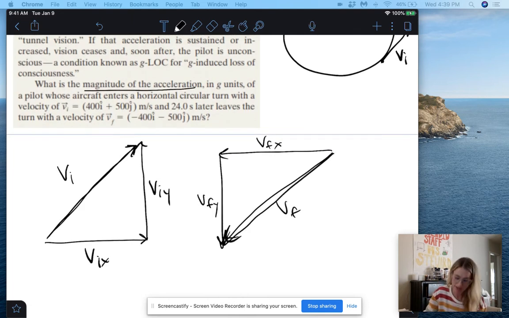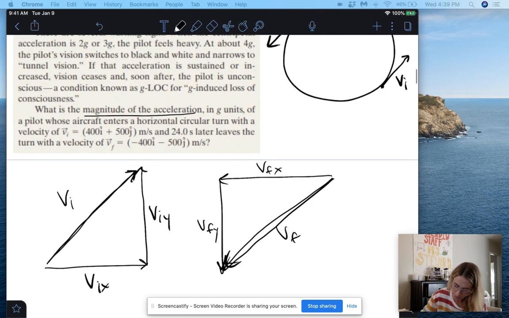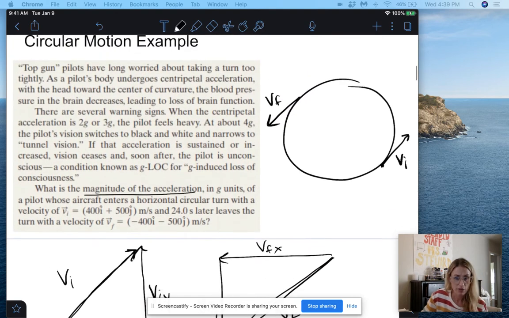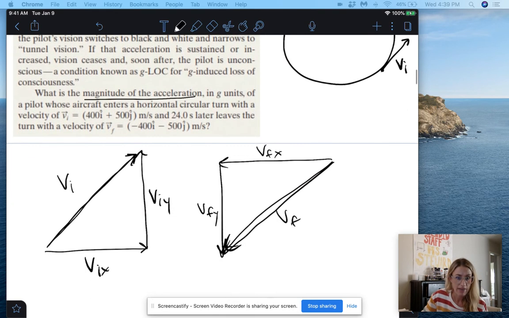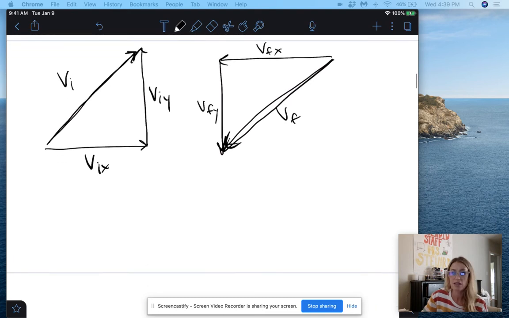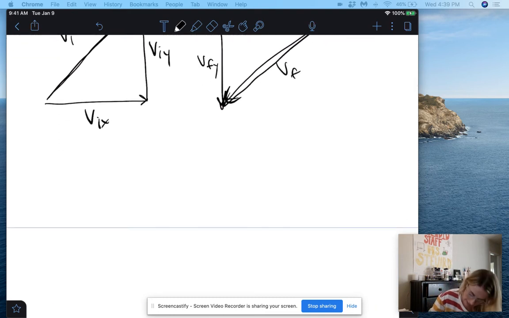And we can see that because, number one, from the picture, and number two, because the initial x component and the final x component are same magnitude but opposite direction. The initial y component and the final y component are same magnitude, again, opposite direction. And then also we can find the velocity. So initial velocity is going to be equal to final velocity, and that's the magnitude of the resultant vector.